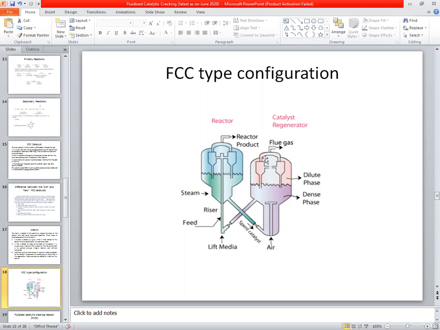On top of the regenerator also there is a hydrocyclone. The hydrocyclone is there to separate solid particles from the reactor products or flue gas. From the bottom, solid particles accumulate, and from the top we get the product, like gaseous product.